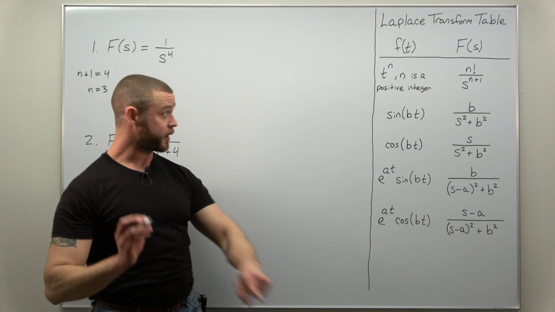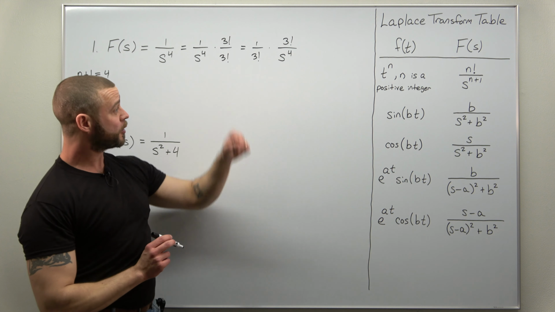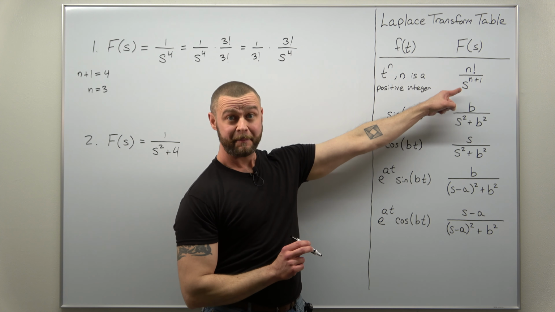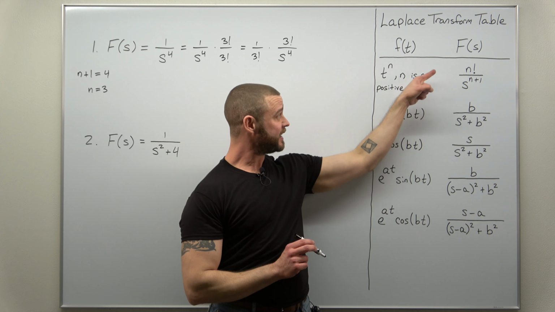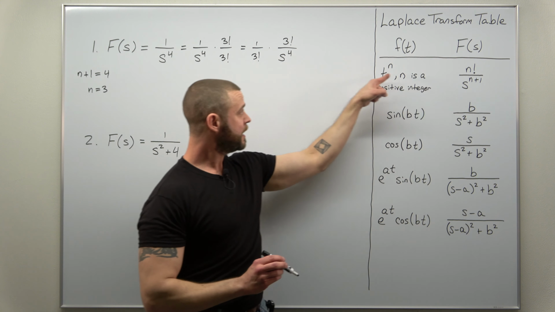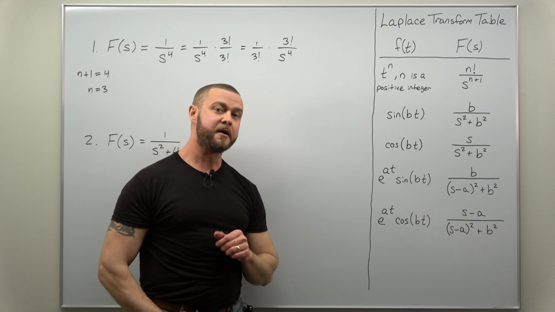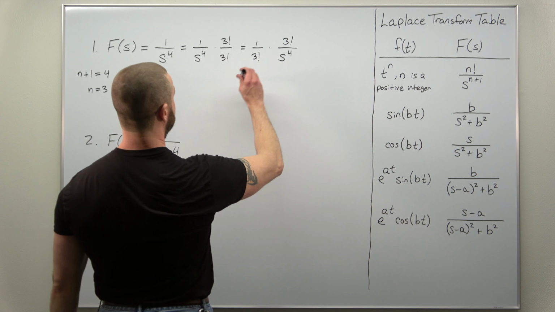At this point, we are done, because that fraction, 3 factorial divided by s to the 4th, now matches exactly that f of s, and we can transform it back directly using the value of n as 3.